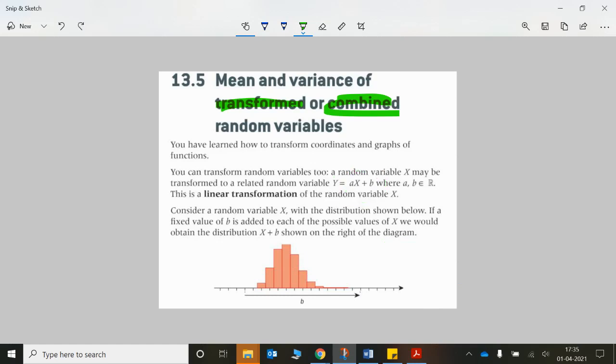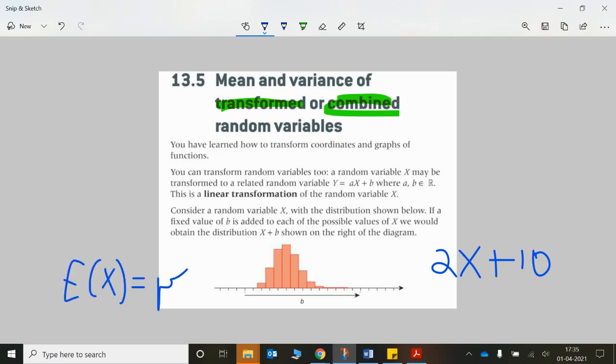So if we do a combination of those things, if we said, okay, what we're going to do is double all of the results, and then add on 10. Well, in terms of the expectation, if we doubled all of the results, then the mean, which I'm using as just either x bar for the sample or mu for the population, or the expectation of this distribution.